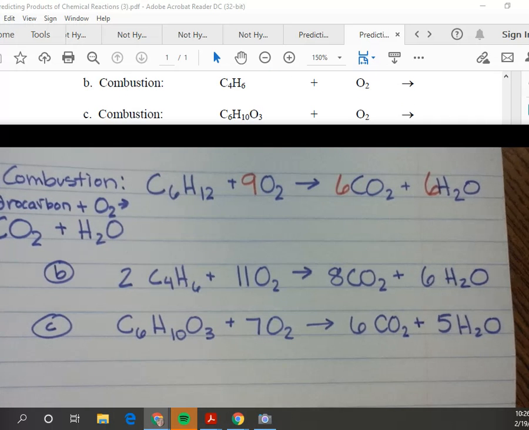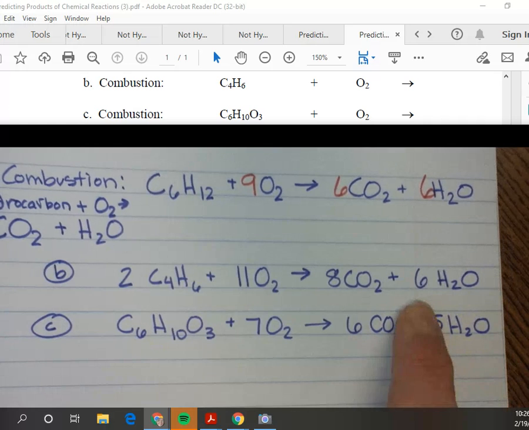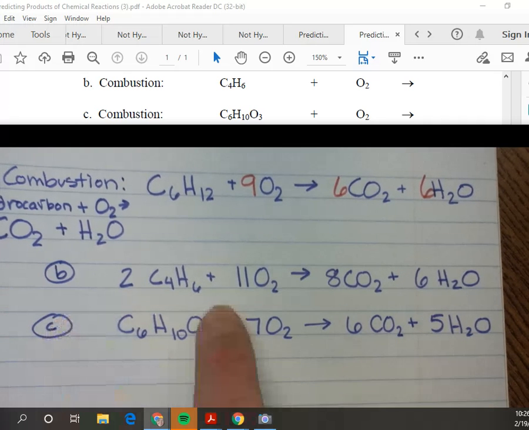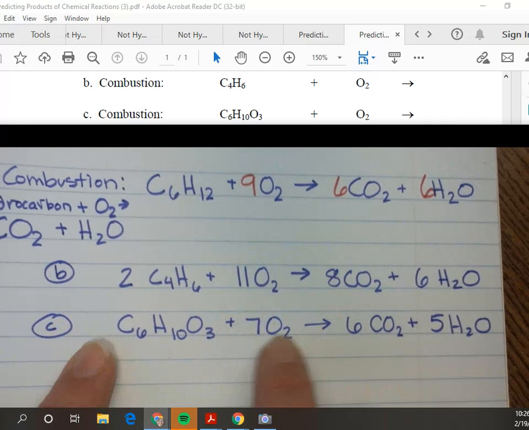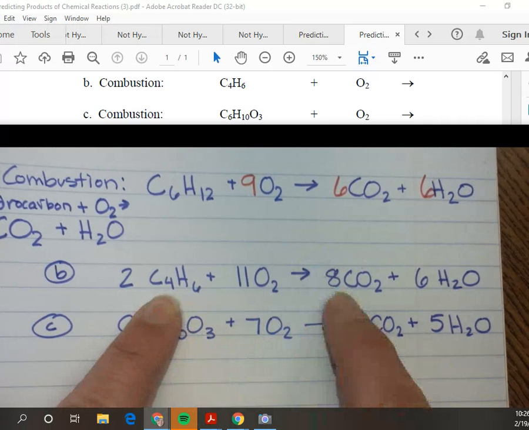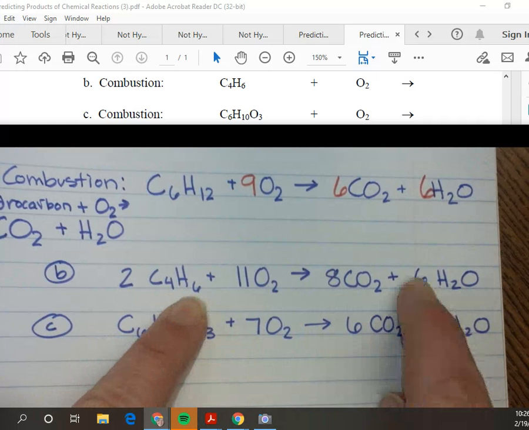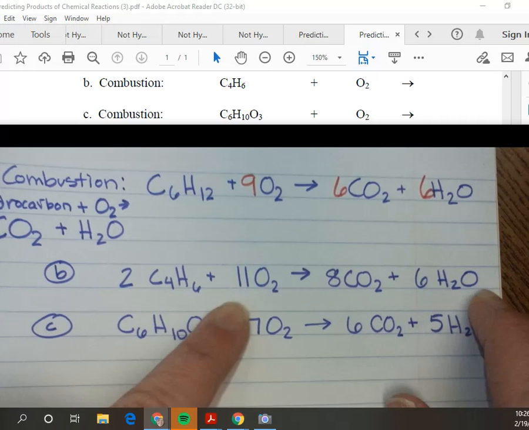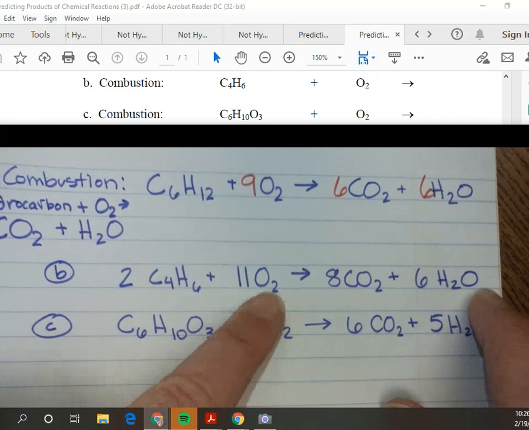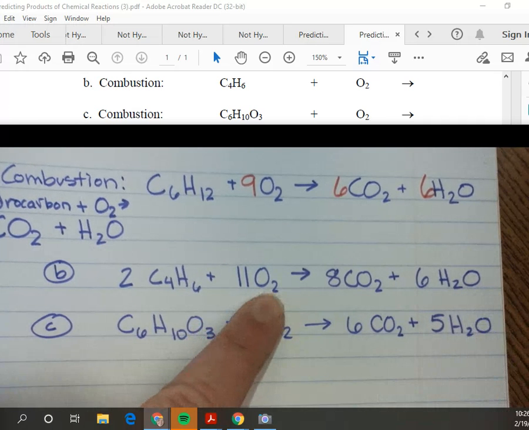All right, so this is what you should have for B and C. B kind of threw us off a little because it looks like you could just say, oh, I need 4 carbons and I need 3 for hydrogen. But what that does, when you have 3 times 1 for the oxygen, you get an odd number. And because we have a subscript of 2 on the oxygen in the products, you can't have an odd number.